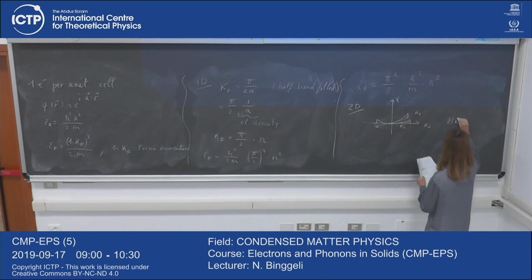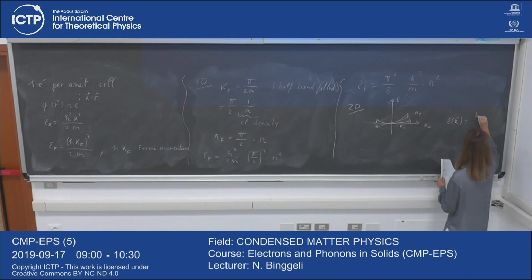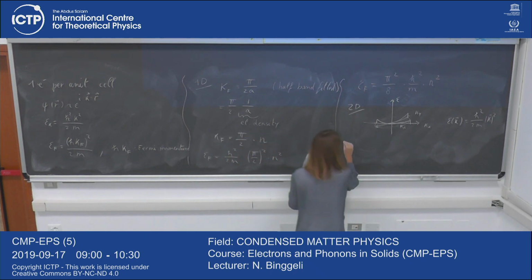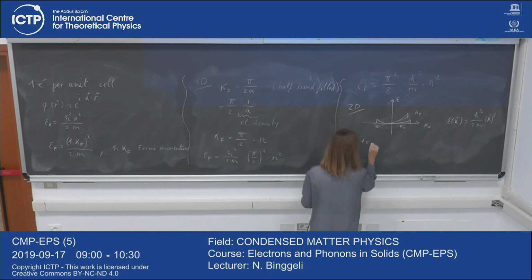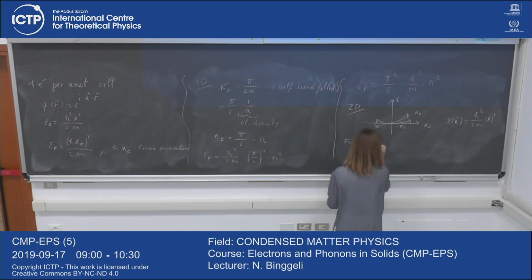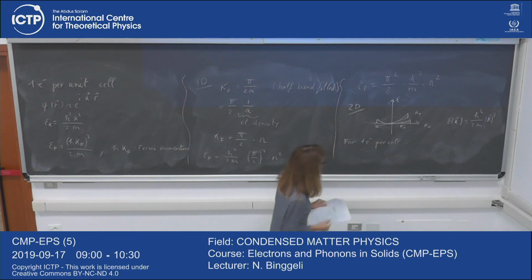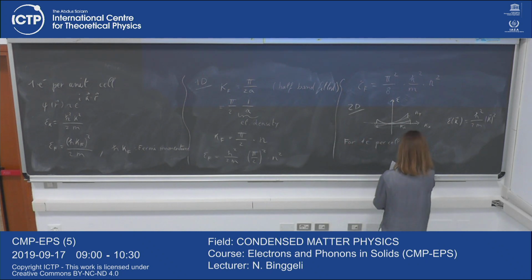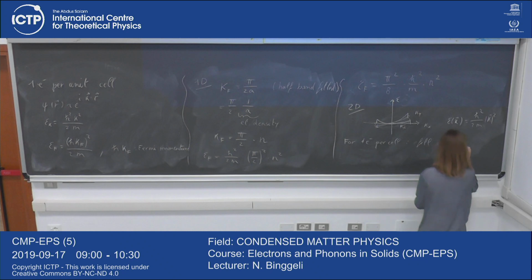So in the free electron model, my epsilon k is equal to h bar squared over 2m k squared. And if I have one electron per unit cell, I will fill a disk in k space until the area is equal to half of the original zone.